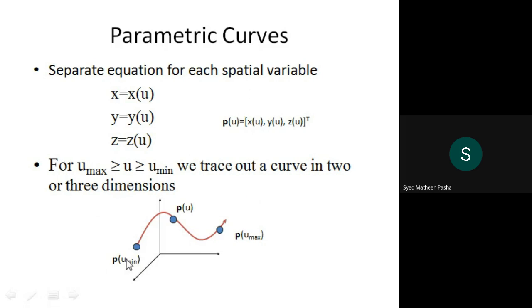XY plane, then points. P are the points. This is the minimum value of the point, the maximum value of the point, and this is the centroid value of the point where the curve is located on 3 different planes, that is x, y as well as z. So this is how a parametric curve is represented with the help of curves and surfaces.